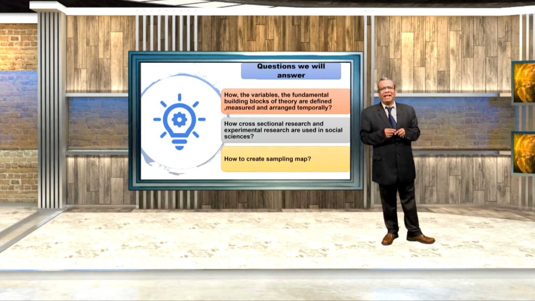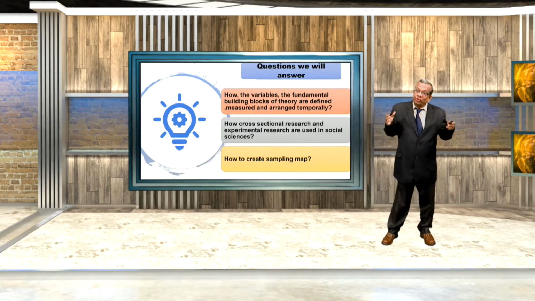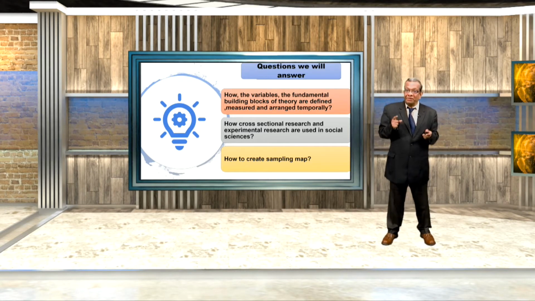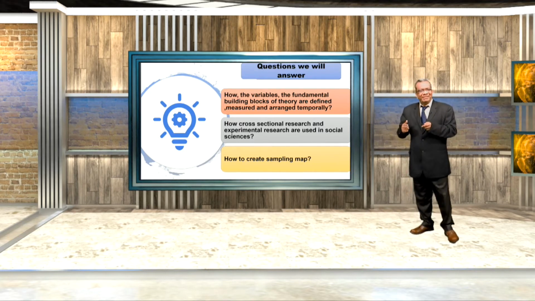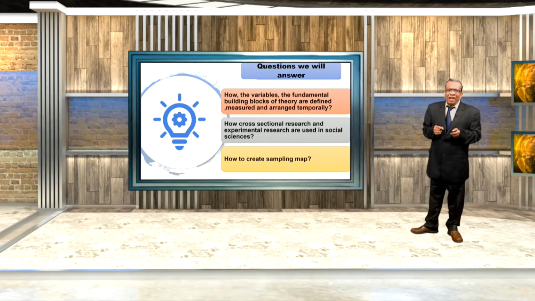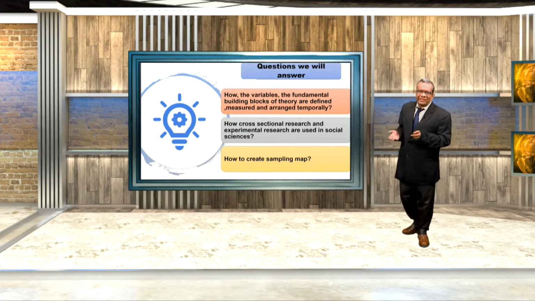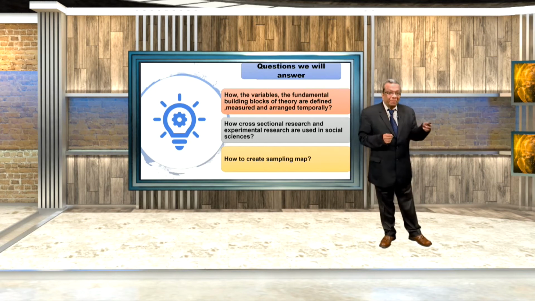Questions we will answer here. How the variables, the fundamental building blocks of theory, are defined, measured, and arranged temporally. Probably I will explain the word temporally a little later. How cross-sectional research and experimental research are used in social sciences.